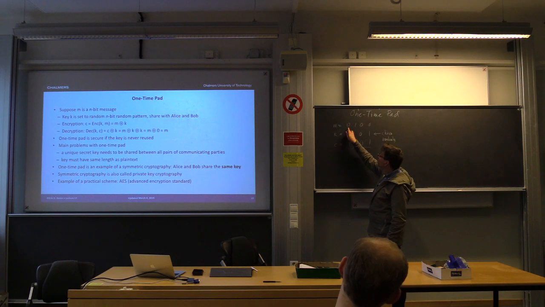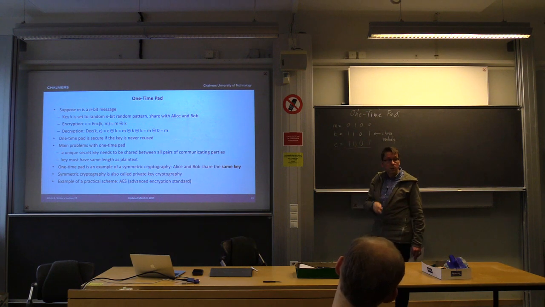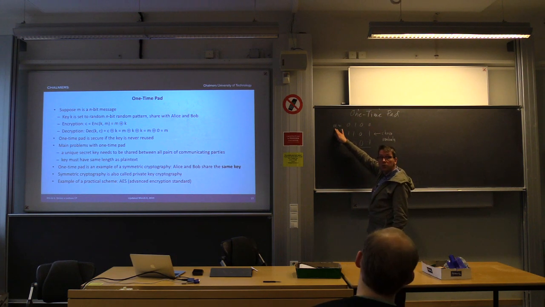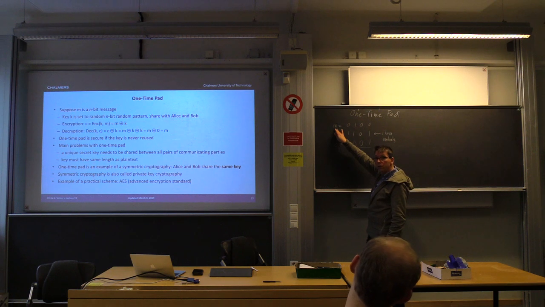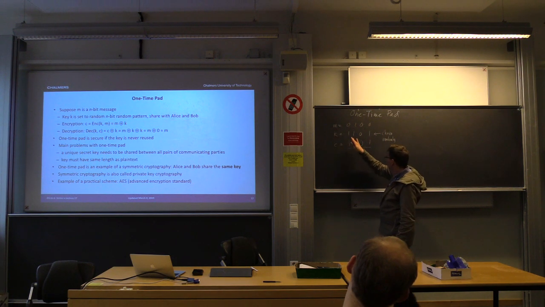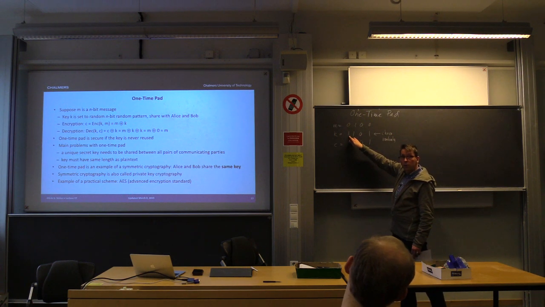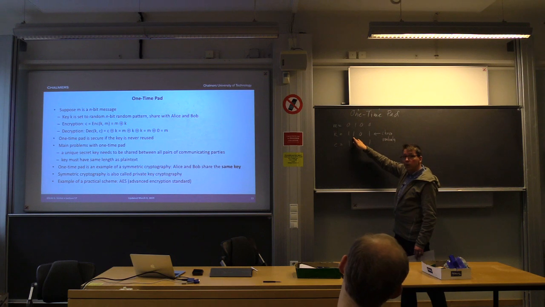So this one has a certain probability to be 0 or 1. It happens to be 0 in this case, and so forth. That's what we did throughout the course. So this is drawn from some distribution. We don't know which one, but it's drawn from some distribution. We know that the key is drawn from a distribution which is completely random. So this bit is 0 or 1 with probability 1/2, this is 0 or 1 with probability 1/2, and so forth.